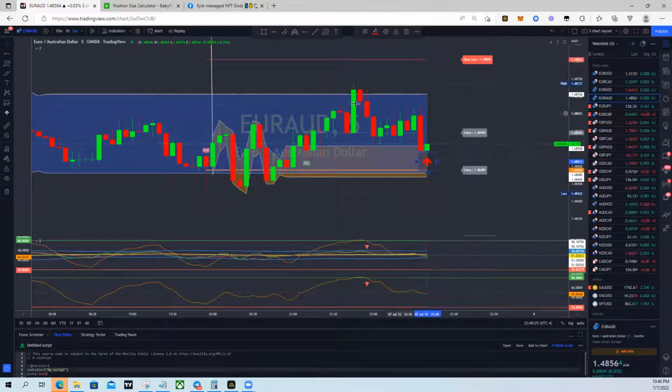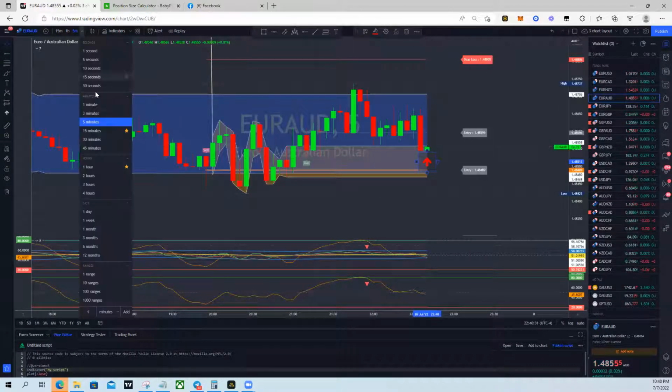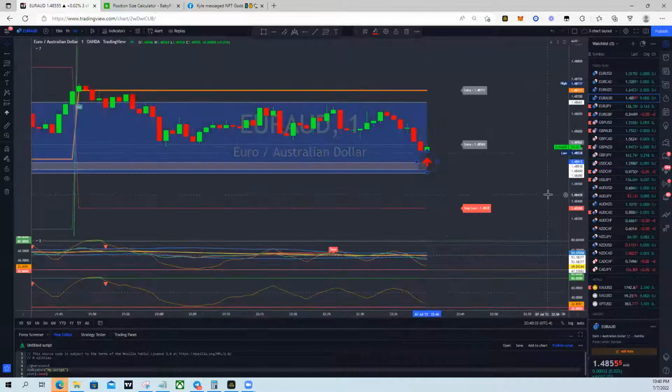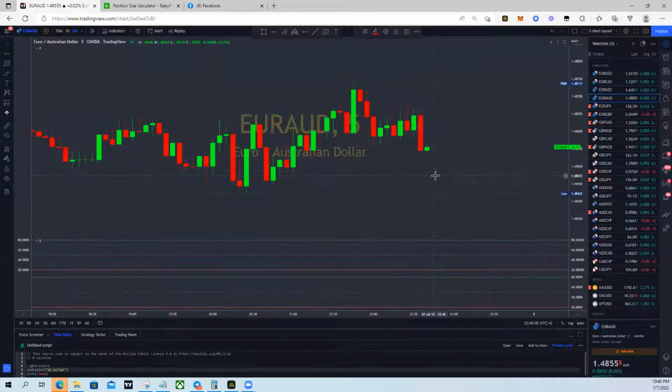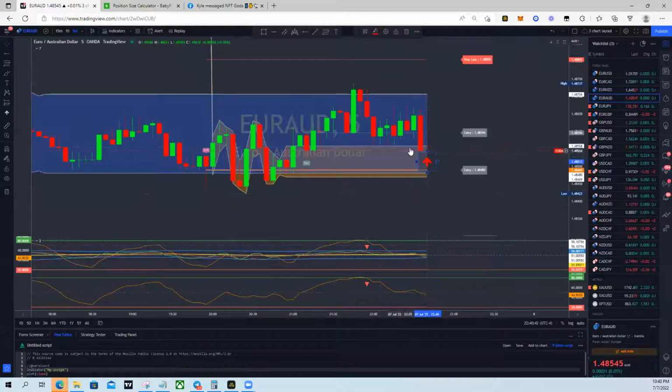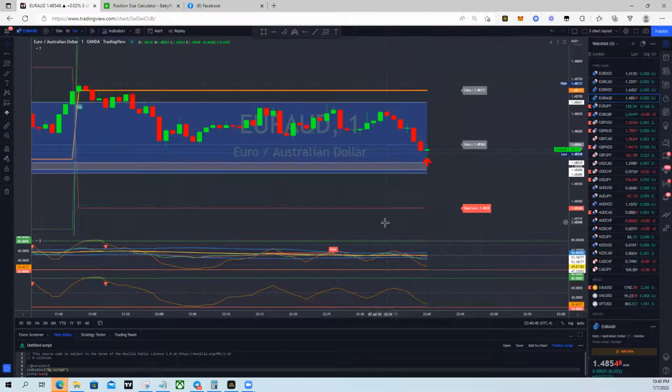Once it goes back outside the golden key, this is a 5 minute. Let's go to the lower time frames and see what it's doing. On the 5 minute, the price is in the golden key. On the 1 minute, the golden key got even smaller.